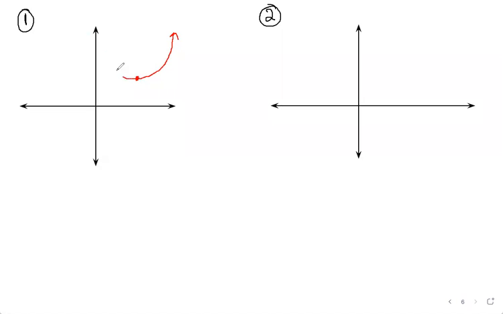Now it's good. So this is f of x equal a times x minus h squared plus k. Here a is greater than 0. This point is the local minimum point.